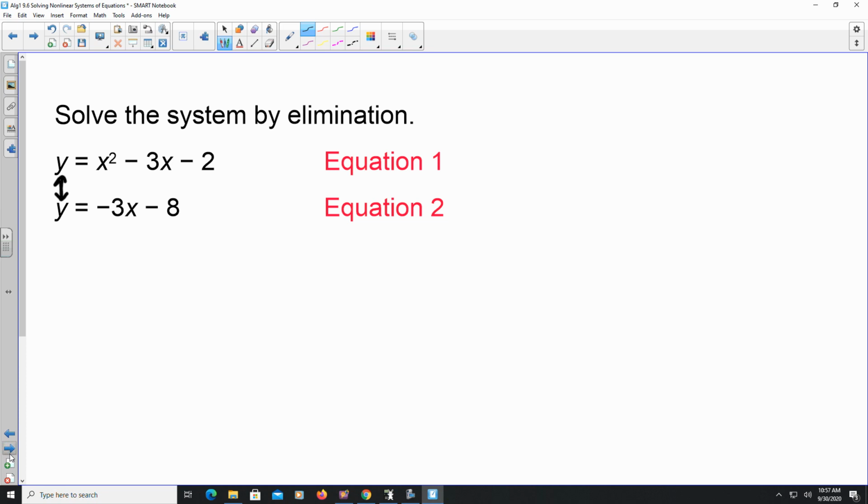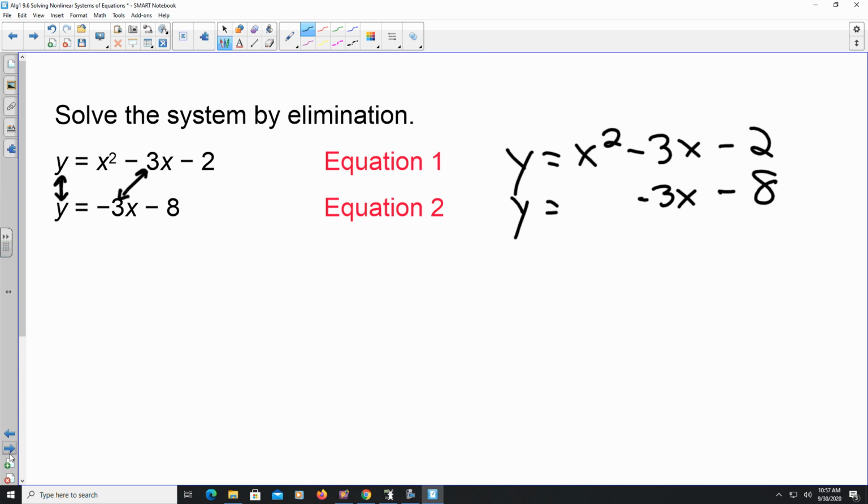And we have x here and x here, which have the same coefficients of negative 3. So what I'm going to do is set up this first equation, equation 1, as y equals x squared minus 3x minus 2. And then with the second equation, I'm going to go y equals, and then place the negative 3x right underneath to keep all of my variables aligned.